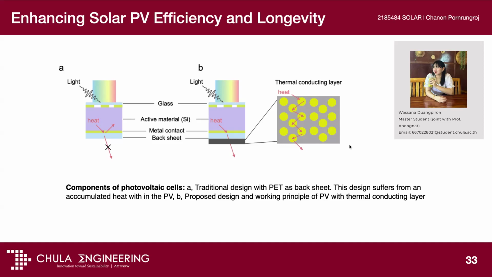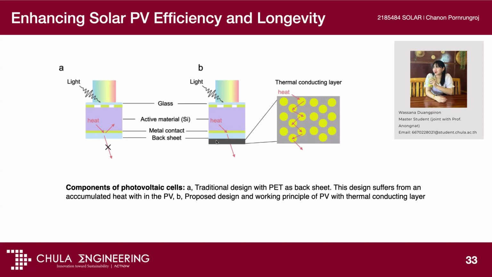In this project, the basic concept is to take away the heat from the back of the solar panels using a really scalable method: coating thermal conductive paste on the back of the solar panel. If you look at the back of a solar panel, it's actually a polymer sheet. It's really interesting. Why don't they use a more thermally conductive sheet?